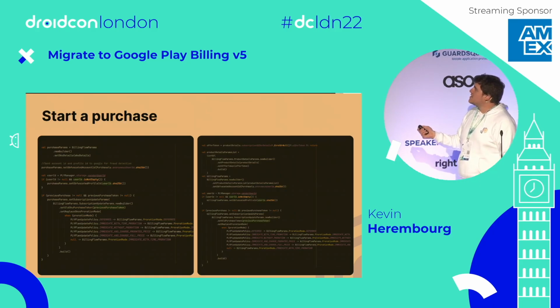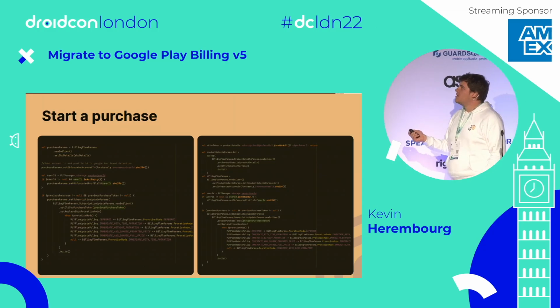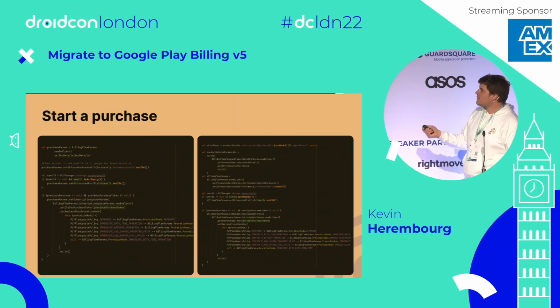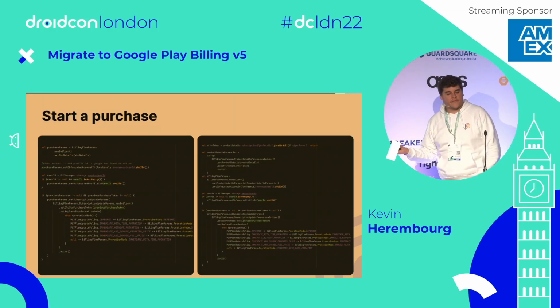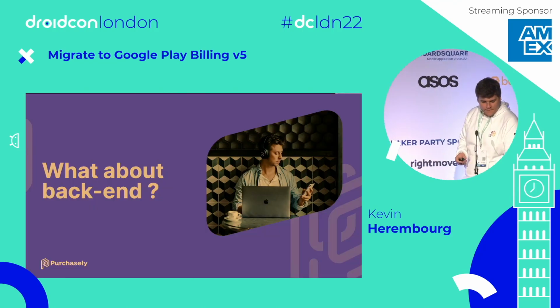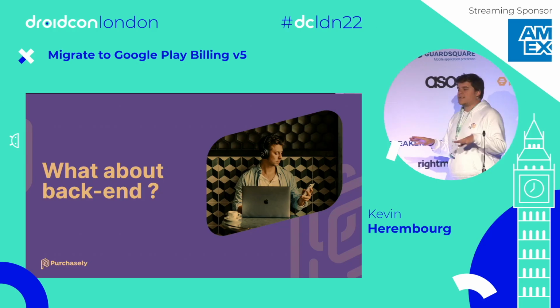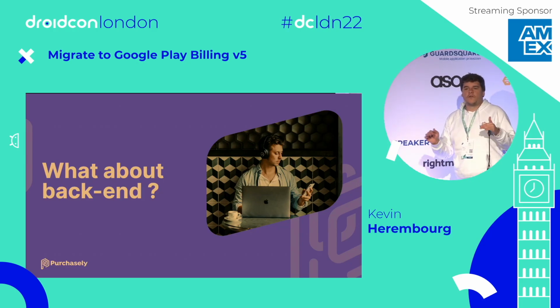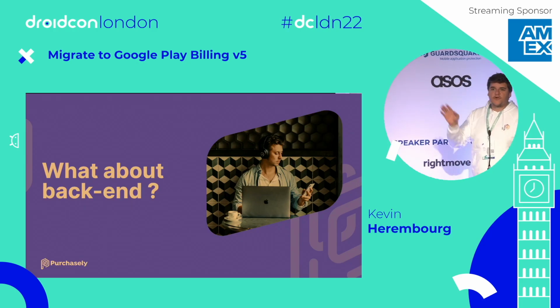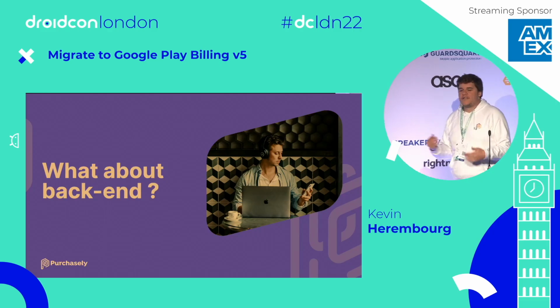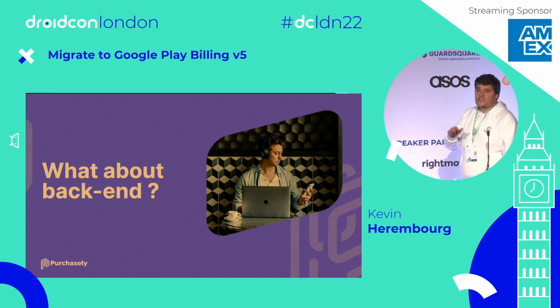And I say to Google, this is the offer token I want to purchase for these product details. And now I can start my purchase in V5. So SDK-wise, basically that's it. There is a few other methods that change, but you will see the compilation error in Android Studio, and it's very easy to fix. Basically, they just change everything called SKU by product.